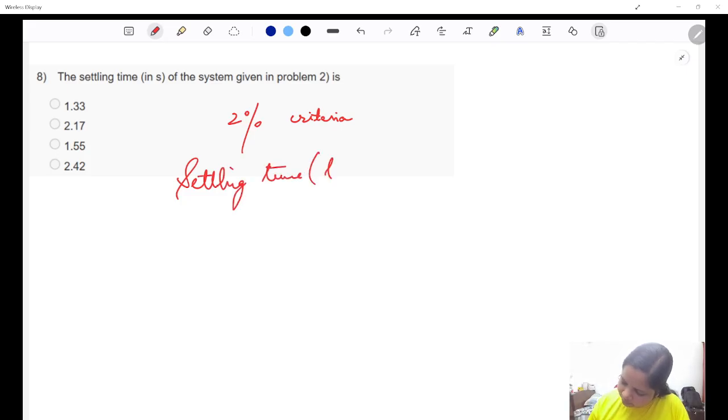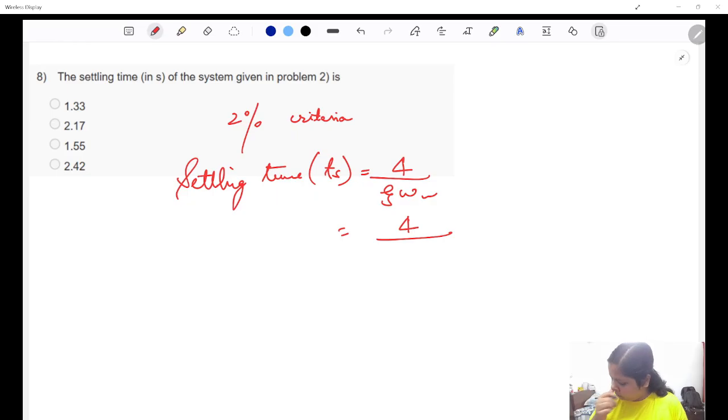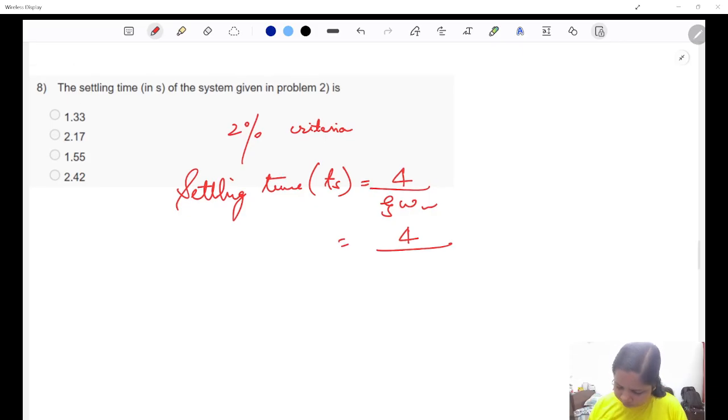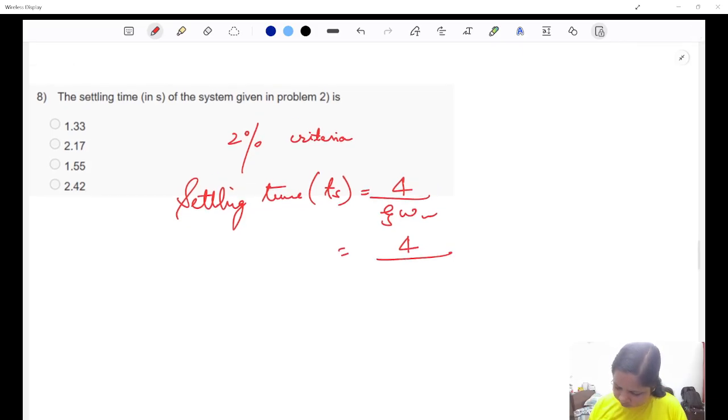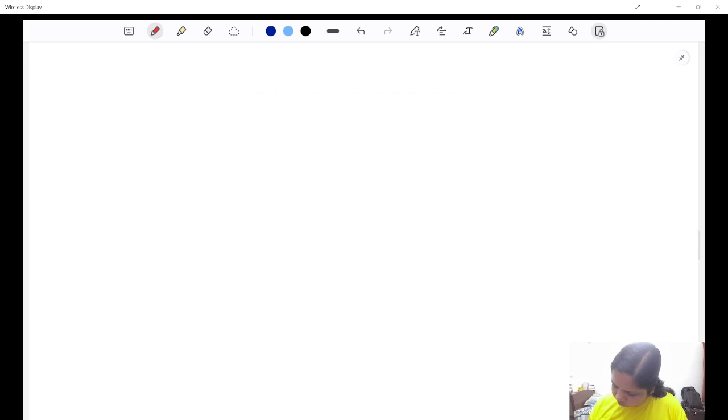Settling time, which is given by Ts, 4 by zeta omega n. 4 by, what is the value of zeta? 0.671.